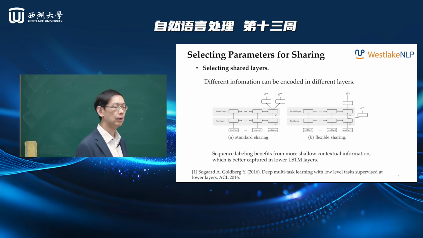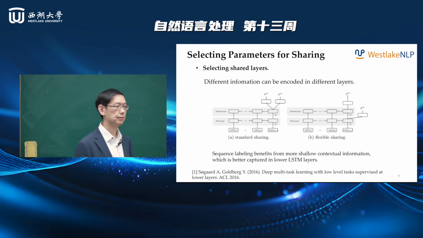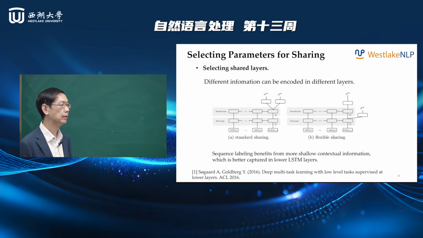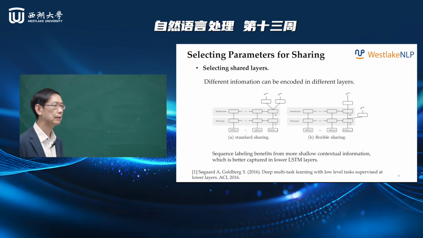So when people try multitask learning between part-of-speech tagging and dependency parsing, they found that you can use the lower layer hidden states to predict the part-of-speech labels, while you use the higher layer hidden states to predict dependency labels. So they're very flexible. And all this knowledge is shared in your uninterpretable neural parameters. I shouldn't say uninterpretable, because at the end of this week, we will see there are methods to probe into the neural network, which helps us to explain them.